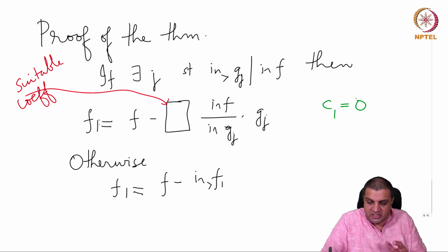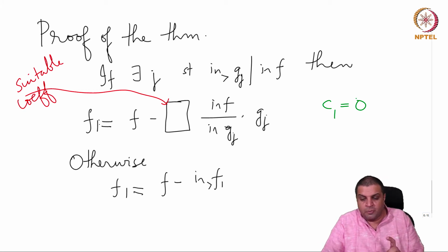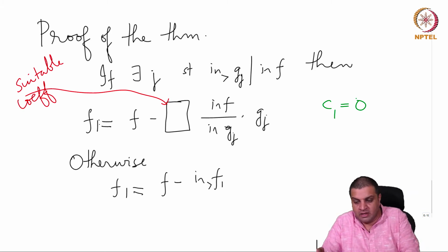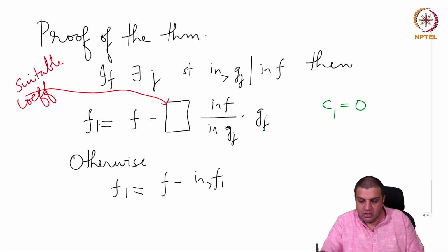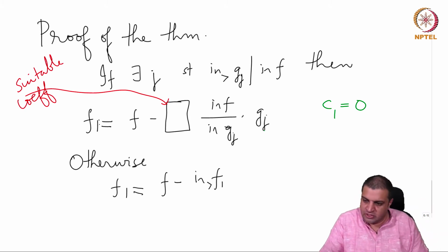In this proof, we just have to keep track of what was the operation that was done at every stage. Was it cancelling the leading coefficient by suitably multiplying a Gj, or was it just subtracting the leading term? So this has to be kept track of when we come back to finish the proof.